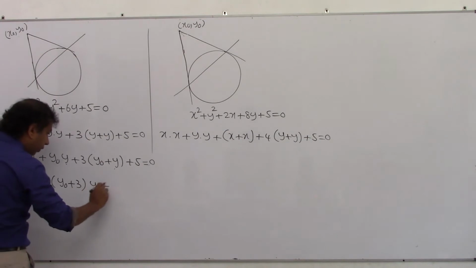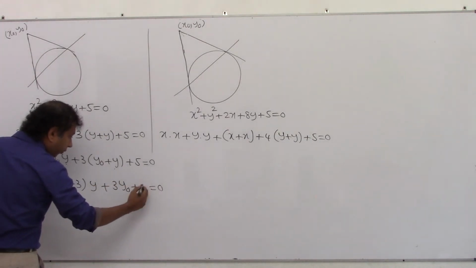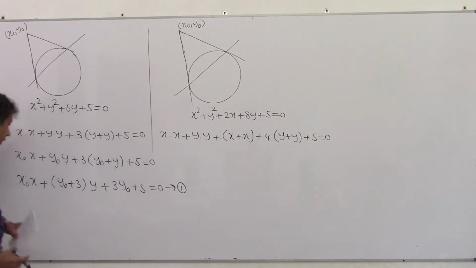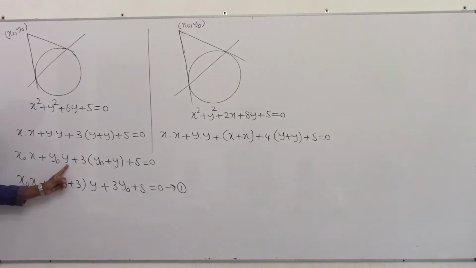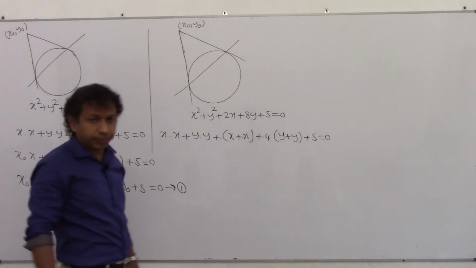Another 3y naught, here we have plus 5 equals 0. Say this is number 1. So x naught x, here we have y naught y and 3y. Take this y out, then we get y naught plus 3, and this 3y naught and plus 5 we have there.